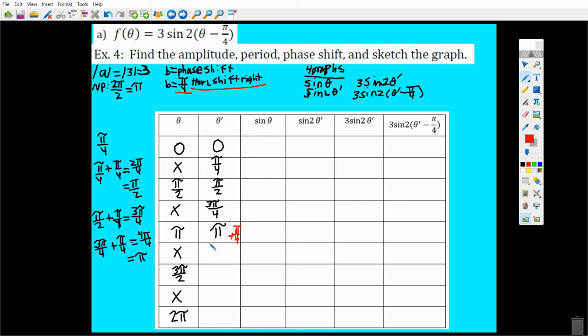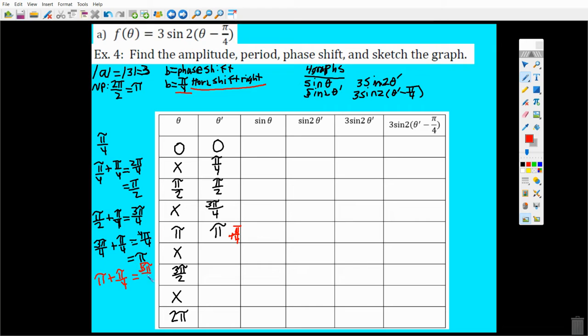Okay, and this graph here is going to end up shifting from pi over 4 to pi plus pi over 4, which ends up being 5 pi over 4.